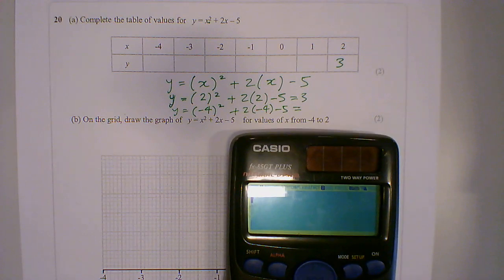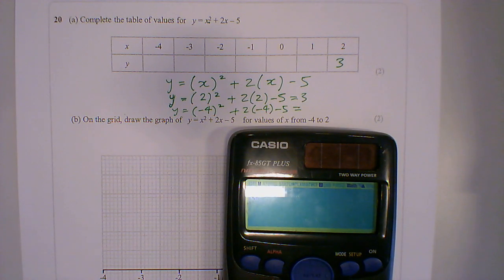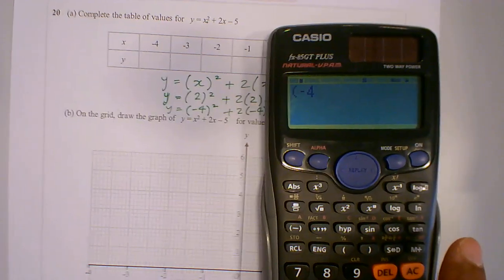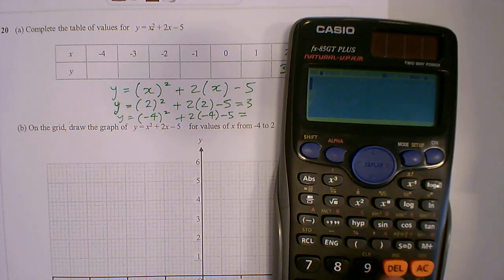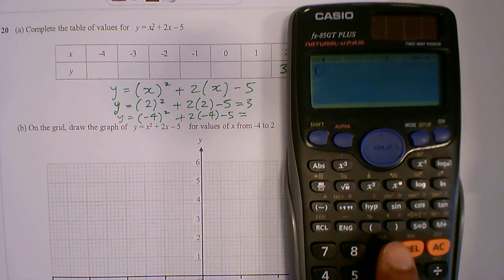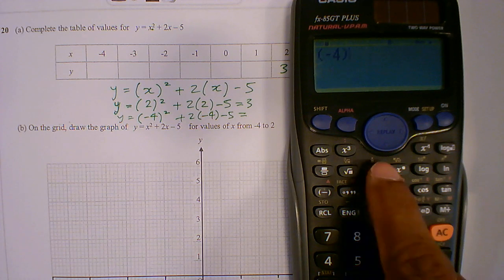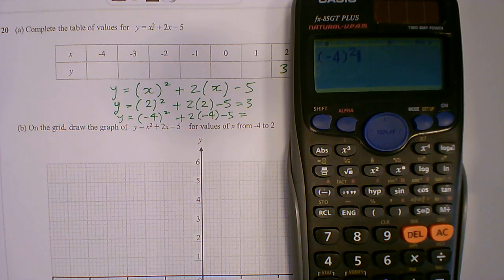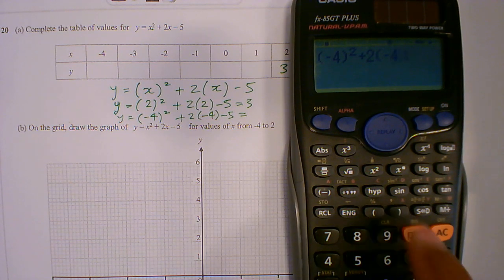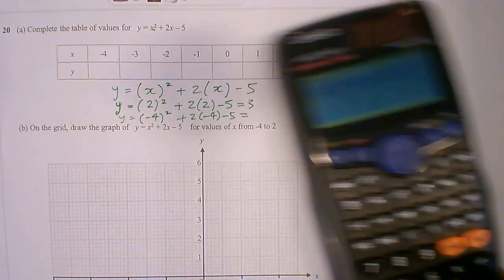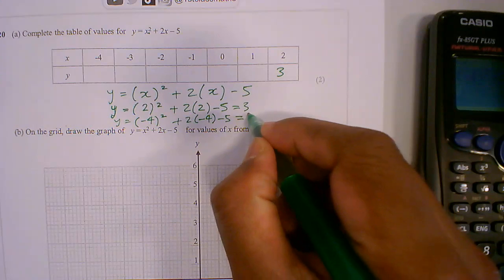I put this into my calculator: bracket minus 4 close bracket squared, then plus 2 open bracket minus 4 close bracket take away 5, and the answer is 3. So I'm going to write 3 here.